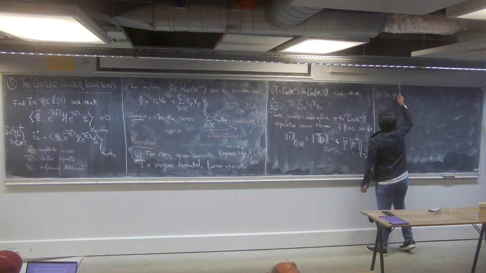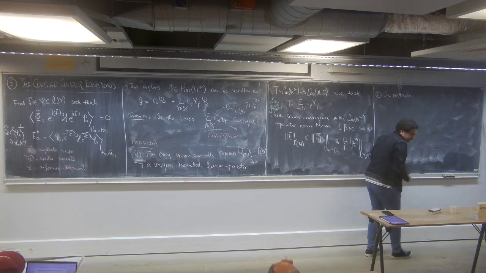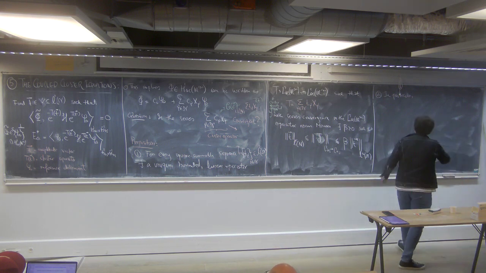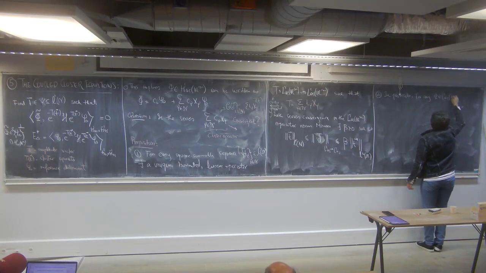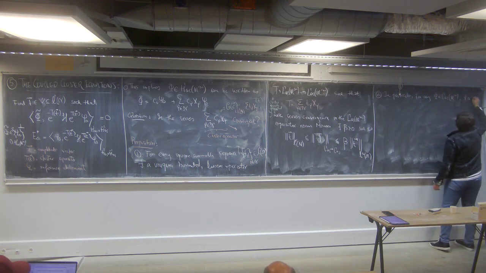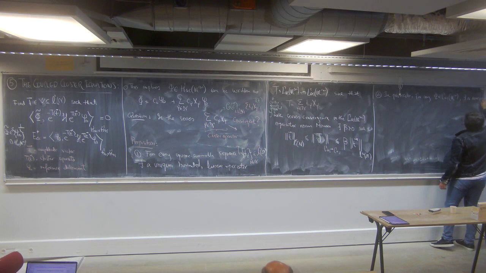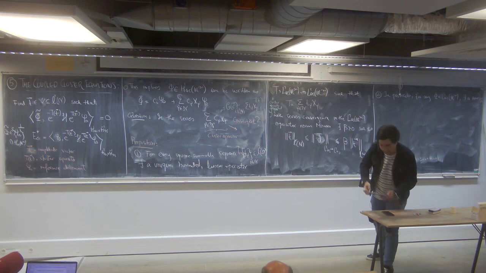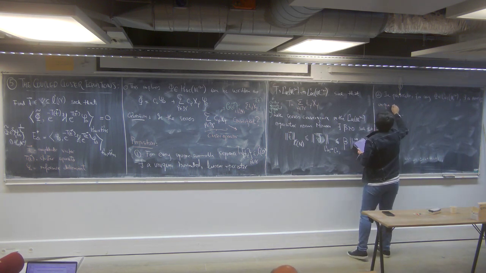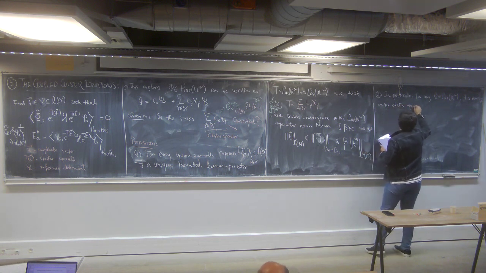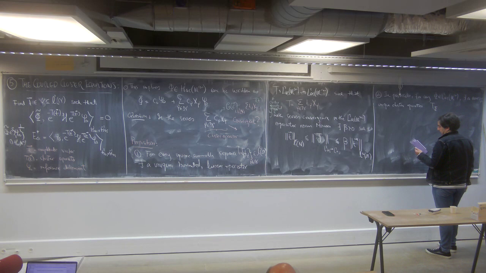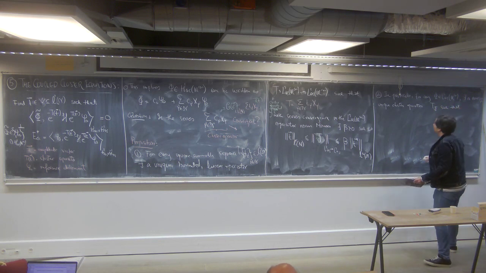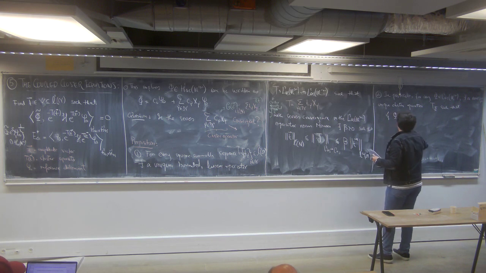So in particular, for any wave function phi in L2 antisymmetric R3n, there exists a corresponding unique cluster operator T, which depends on phi, such that, okay, wait.